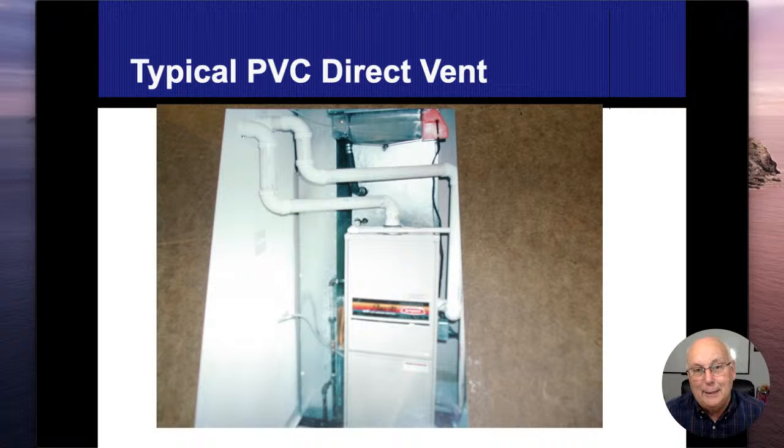If I disconnect that combustion pipe from the outside and start using inside combustion air, now I'm taking air that I've already heated. I've already paid to heat this air. Now I'm using it as combustion air, and then I'm just going to exhaust it outside my building. And that has to be brought in and replaced. And where does it come from? It comes from the outside, and now I have to heat that air again. So that reduces the efficiency.